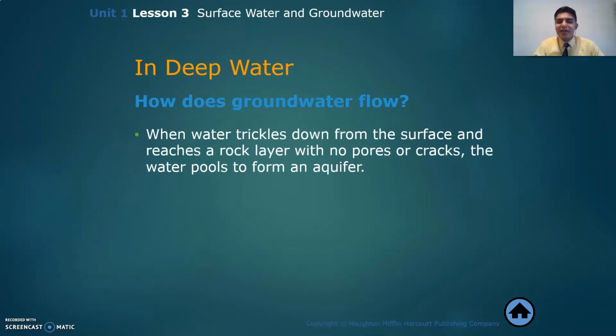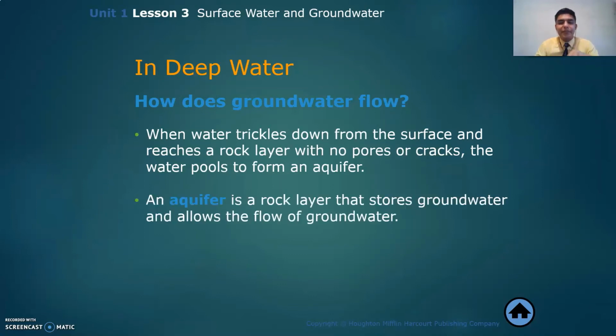Let's continue. How does groundwater flow? The water trickles down from the surface and reaches a rock layer with no pores or cracks, and the water pools to form an aquifer. There are some rocks that can store water, while there are other rocks that cannot. In those rocks where water cannot go through, it is going to start flowing right at the top of them.